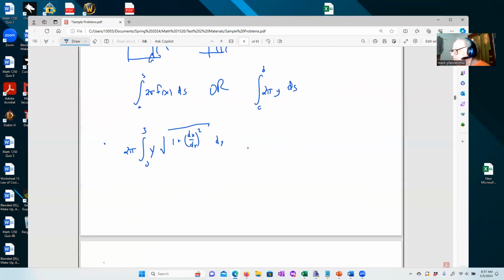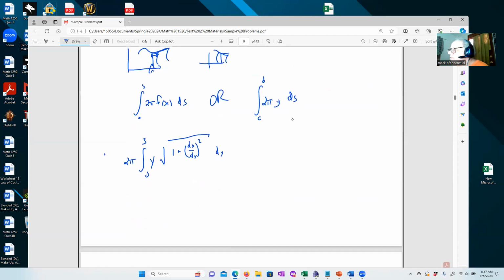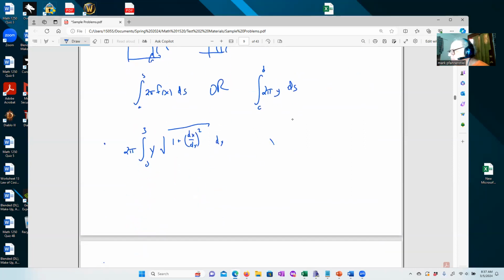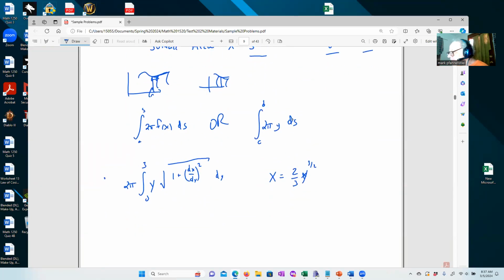So in order to get dx by dy, let's go ahead and make that clear, so we're doing this organized. We're going to say x equals 2/3 y to the 3/2. Now I want dx by dy, which is backwards.